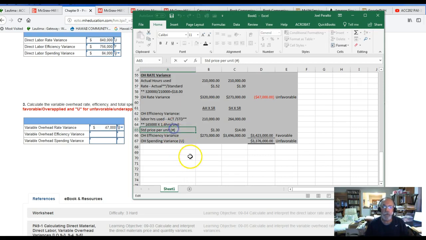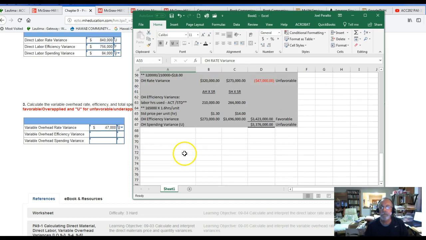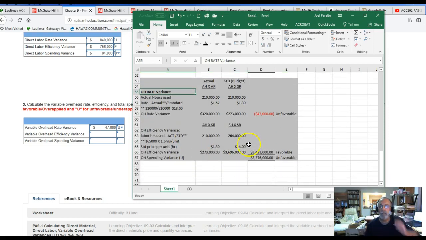And this should be hours, and I believe I forgot to change it up here as well. Hours, okay. So 165 divided by 1.6.